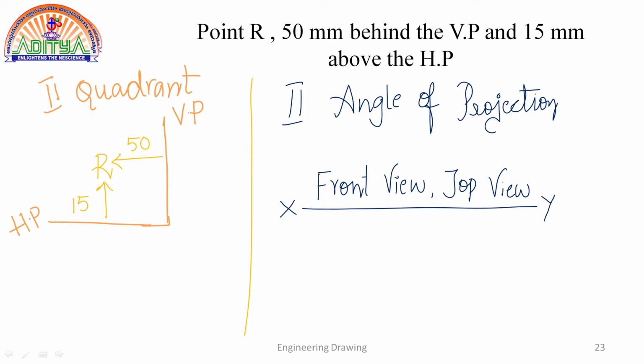So we have identified the location of the point, which is in the second quadrant, and we have drawn the angle of projection for the given point, where we get both the front view and the top view above the reference line. Now we will draw the rough projections of that given point.